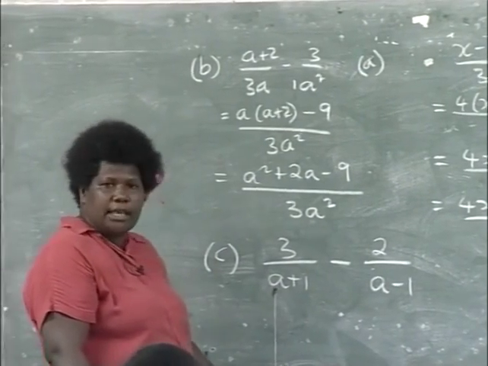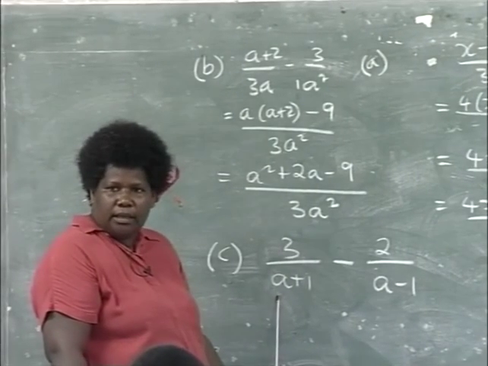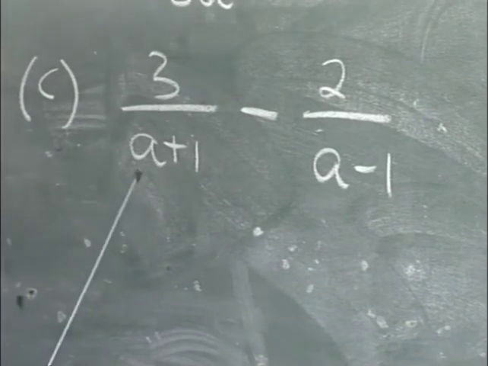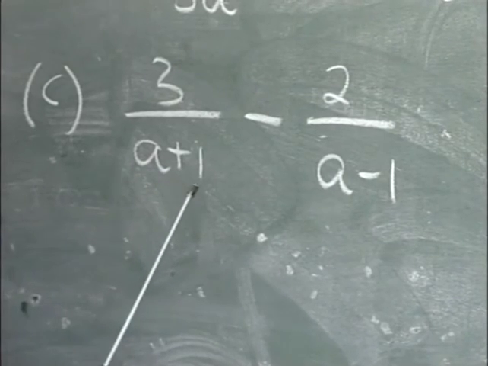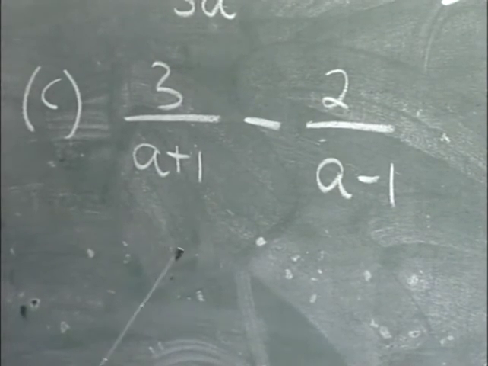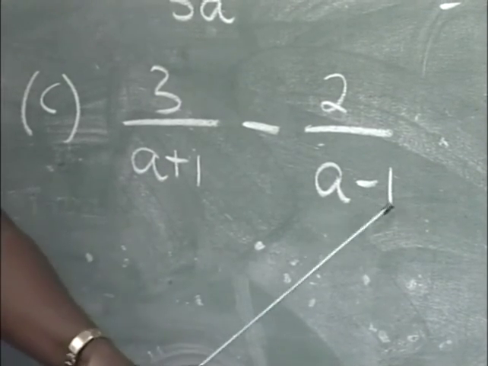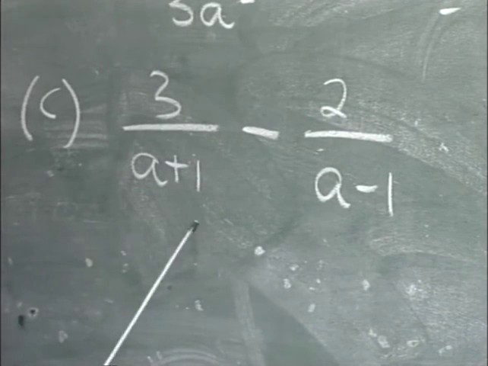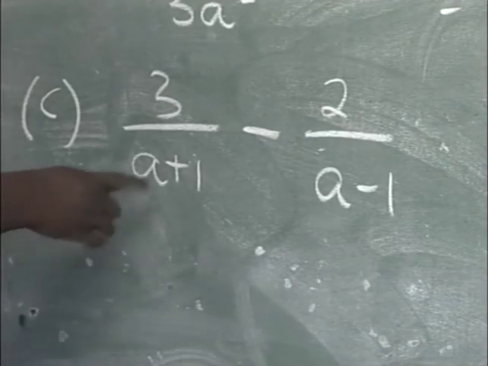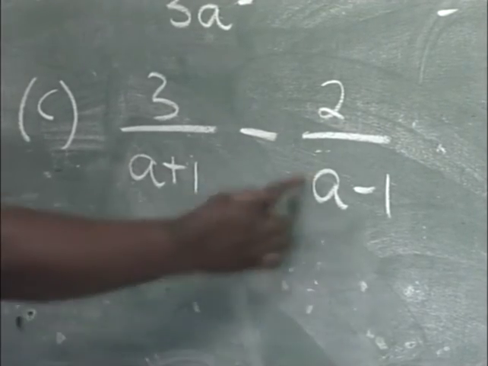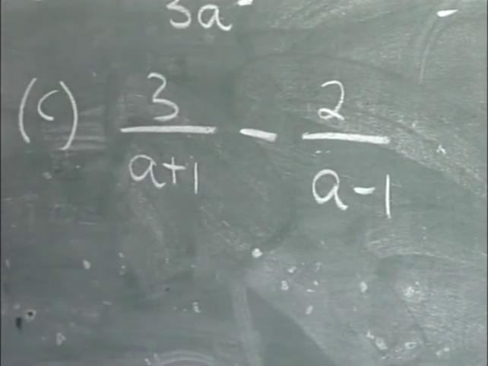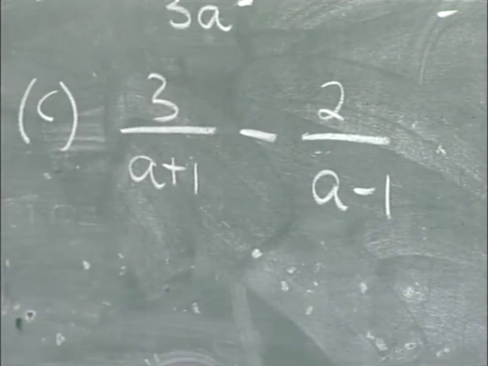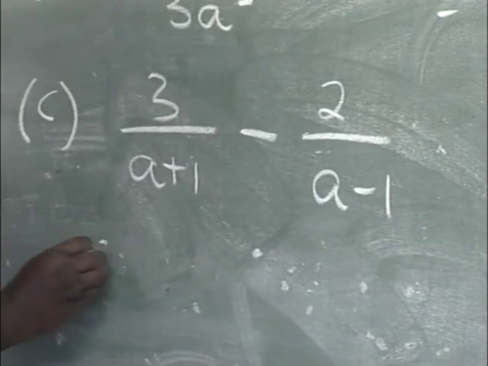You cannot say A is common, because A is added to 1 in one, and 1 is subtracted from A in the other. It's like saying this is a number 2 and this is a number 3. So you'll have to multiply to get the lowest common multiple.